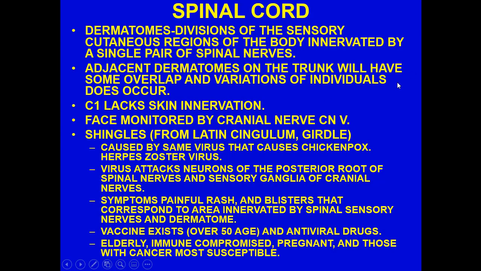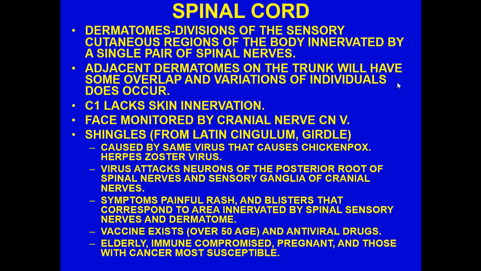Now, the other interesting thing you have is dermatomes. These are divisions of the sensory cutaneous regions of the body innervated by a single pair of spinal nerves. So what we're saying is that we can map out where the spinal nerves innervate for our sensory, basically the sensory map of our body.